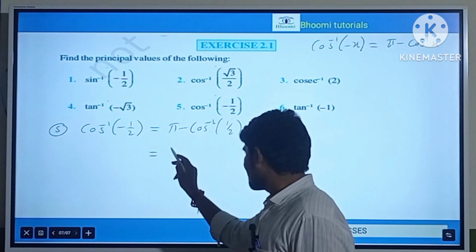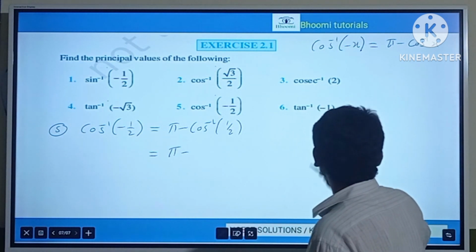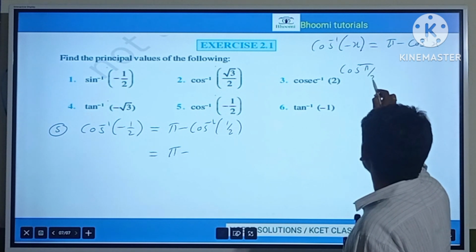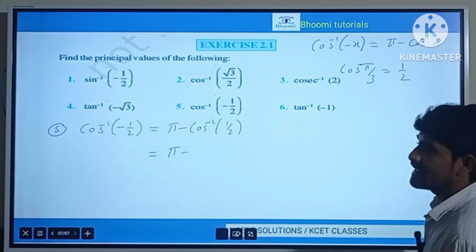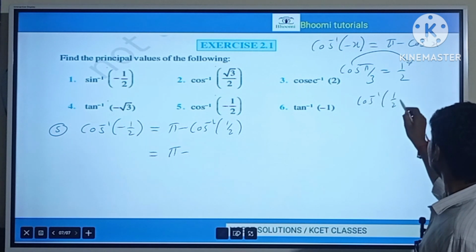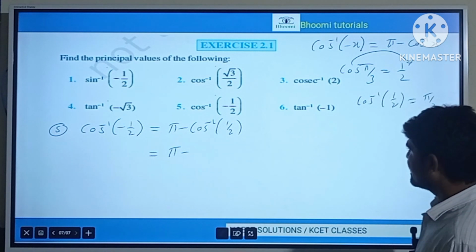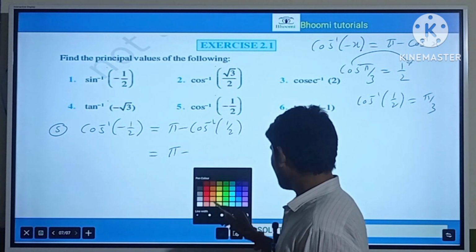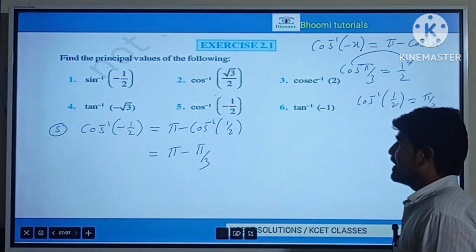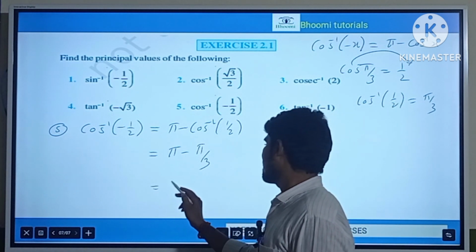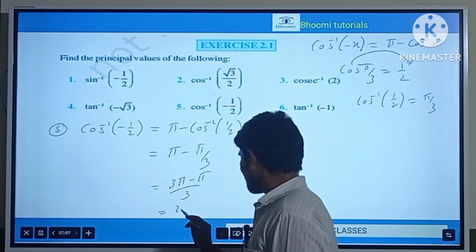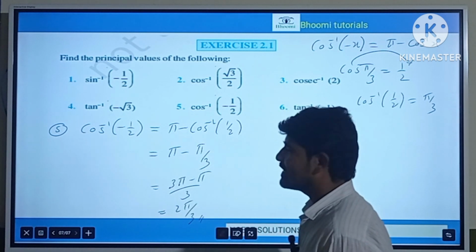We know that cos pi by 3 is equal to 1 by 2. It means cos inverse of 1 by 2 is equal to pi by 3. Now taking LCM, 3 pi minus pi divided by 3 is equal to 2 pi by 3.